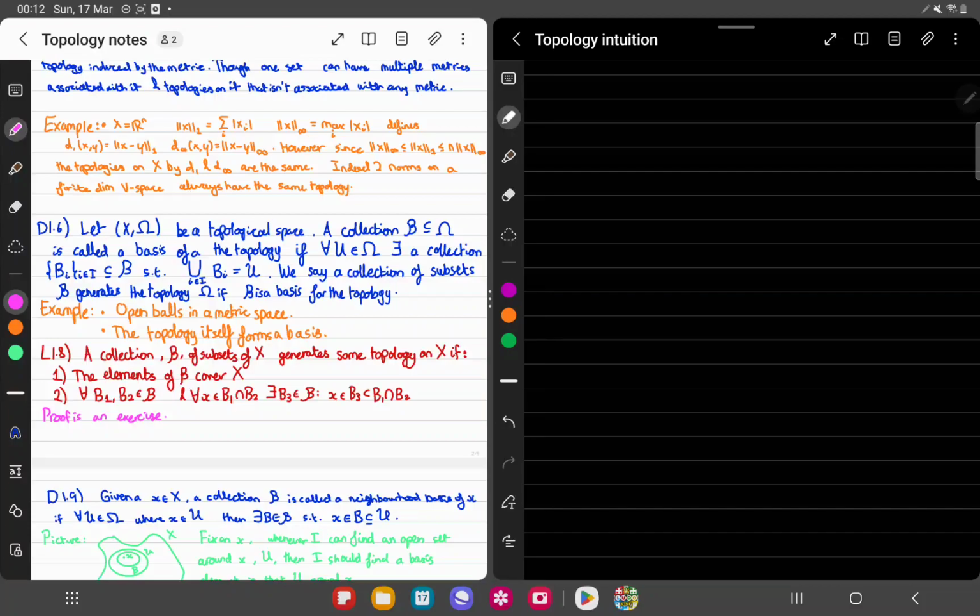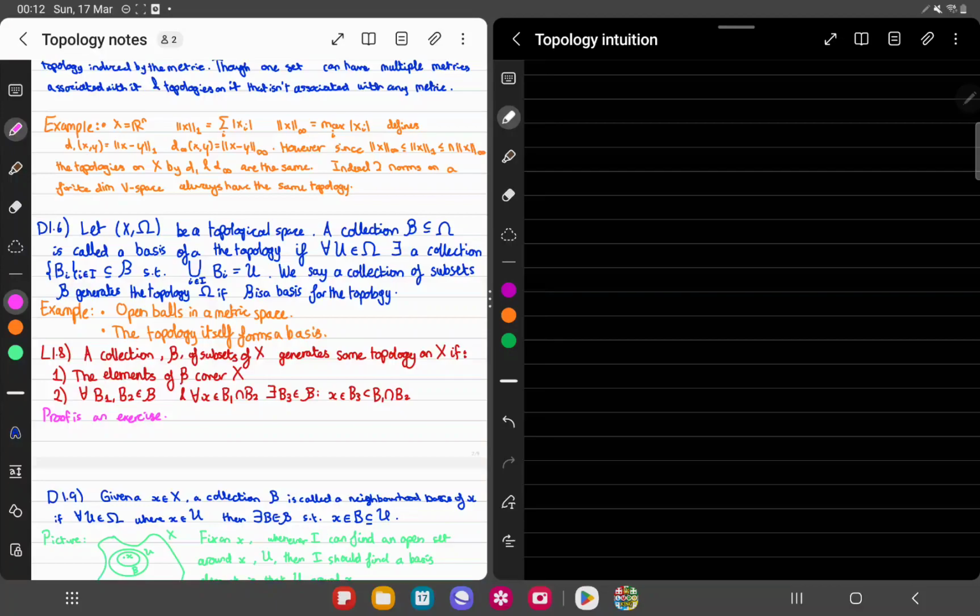So here, bases are just open sets such that if you take arbitrary unions of a bunch of intersections, in some configuration, you end up getting any open set you really want for a specific topology.